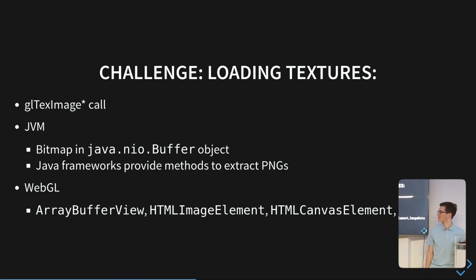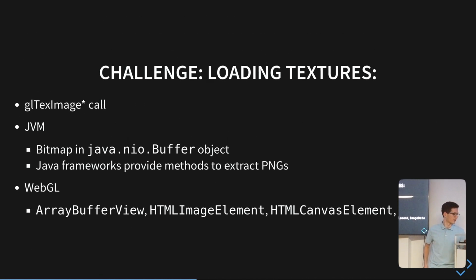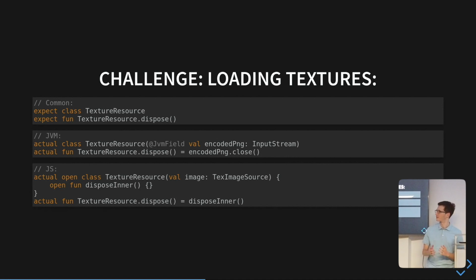Another challenge was loading textures. In Java, textures are loaded using java.nio.Buffer objects, and on WebGL these primitive array types are used. So what I did was basically just create another extra class called texture resource, which is something that can be used to load a texture from.